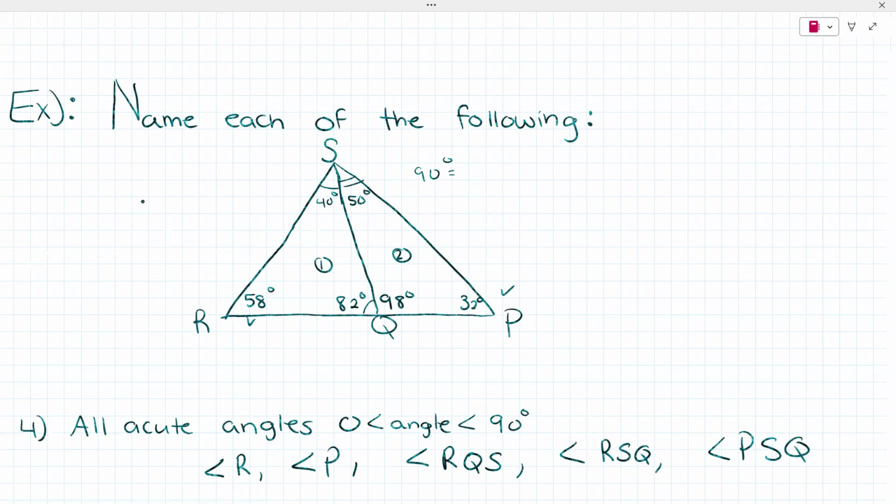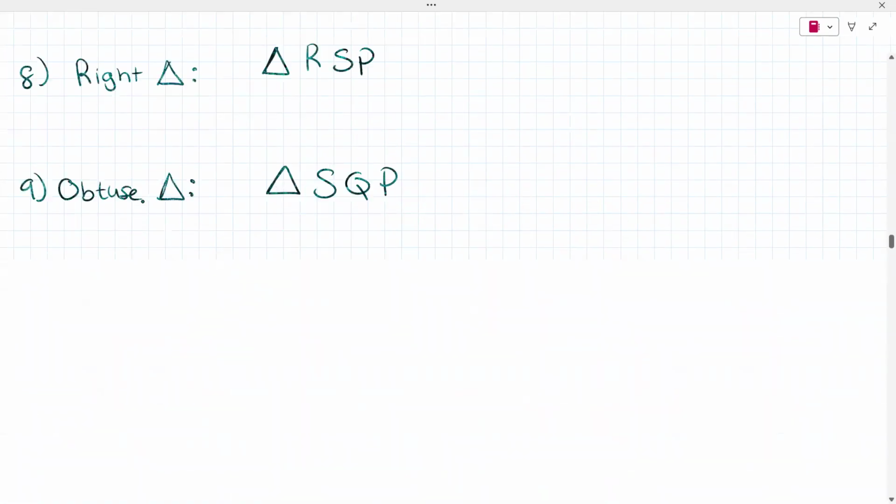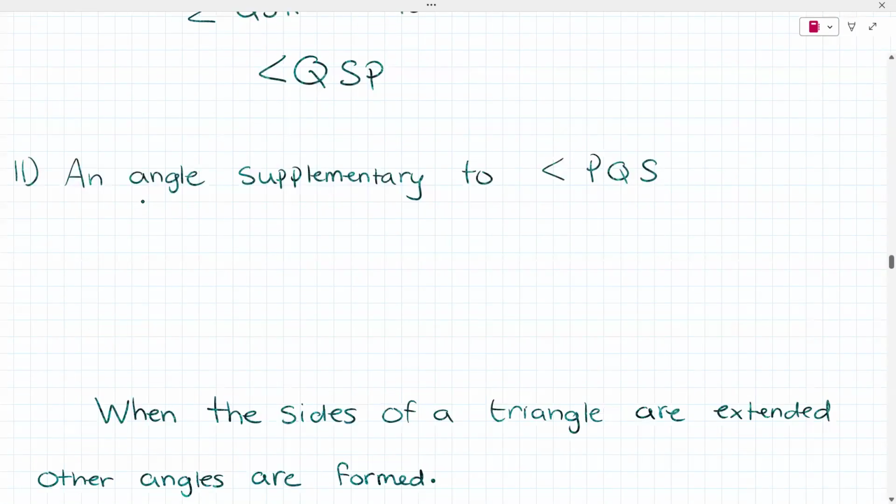So maybe this 82. Yes. So I guess it would be angle RQS. Okay. Next one.